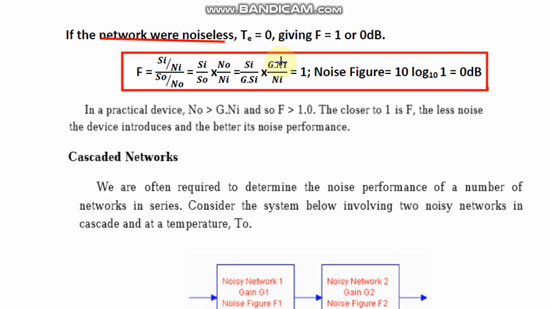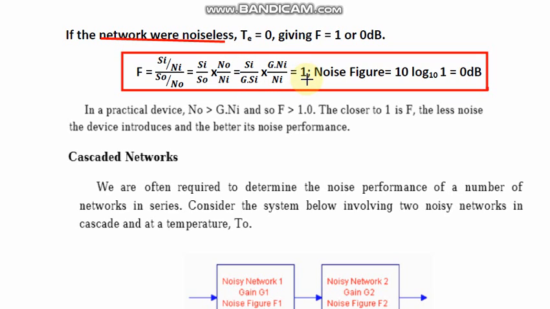Both the multiplied input signal and the multiplied input noise are put in the places of the output signal and output noise. We have received this: Si cancelled, G cancelled, Ni cancelled. It means that the value has become 1.